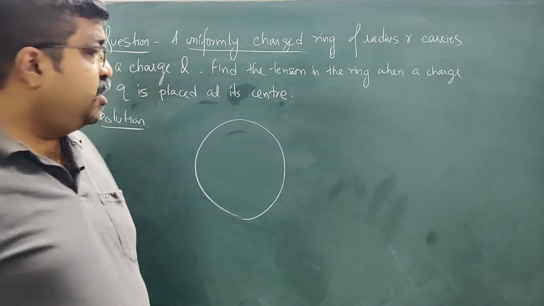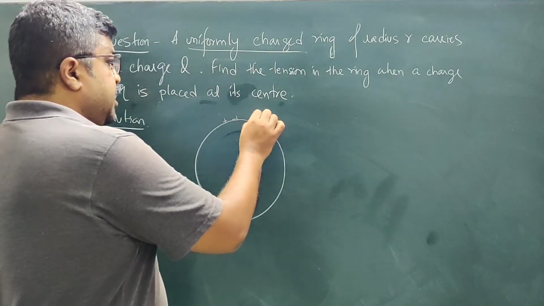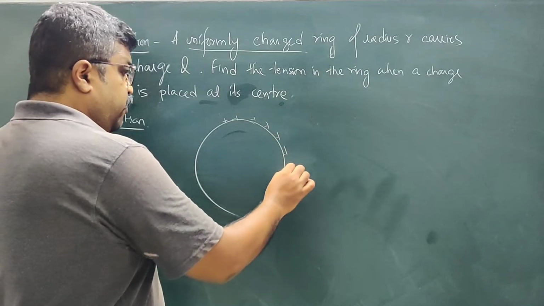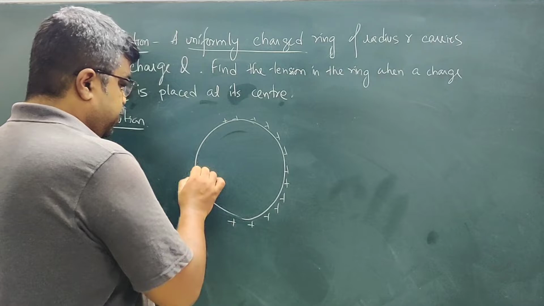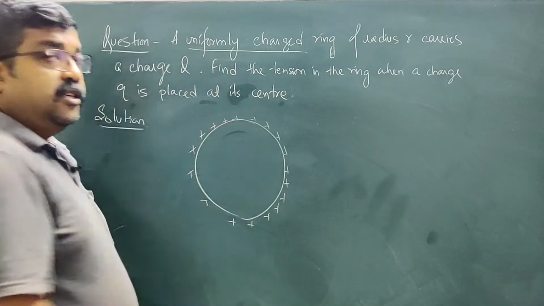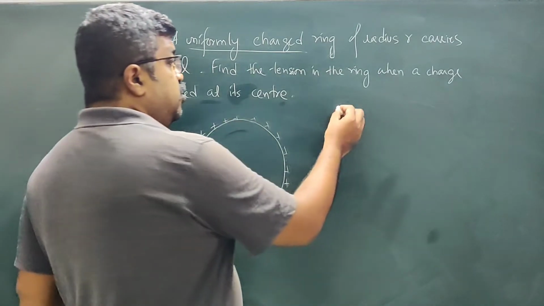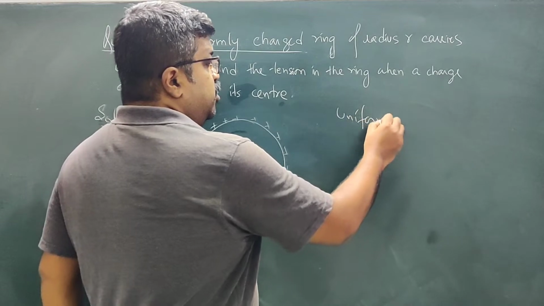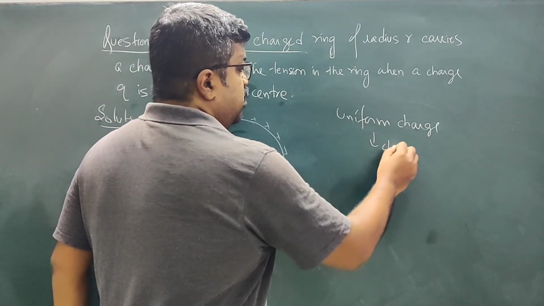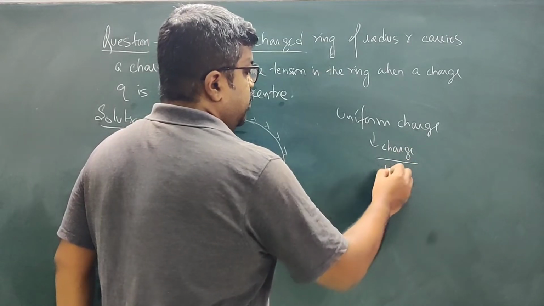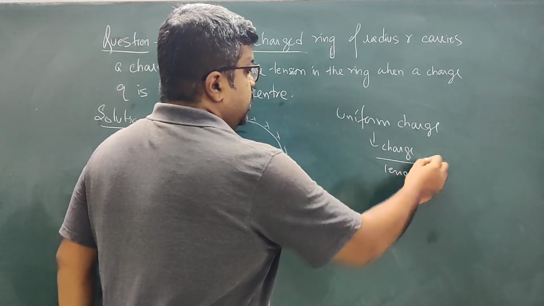Okay, it is uniformly charged. Uniformly charged means each unit length of the ring will have the same charge. Uniform charge means charge per unit length is constant.